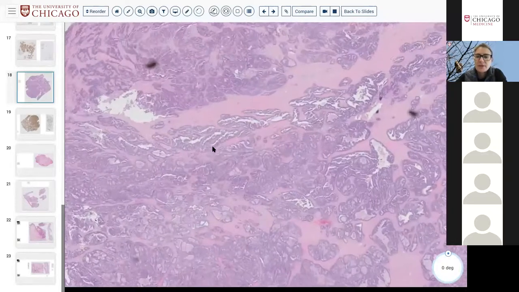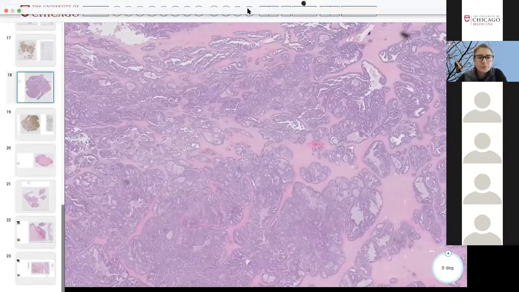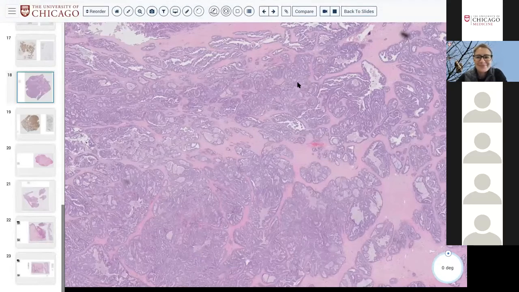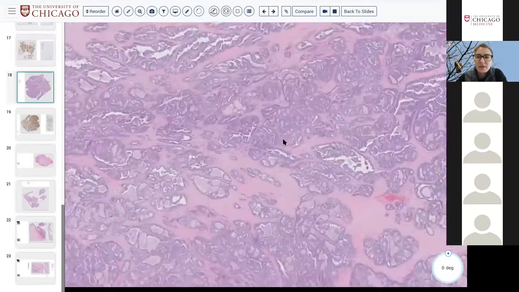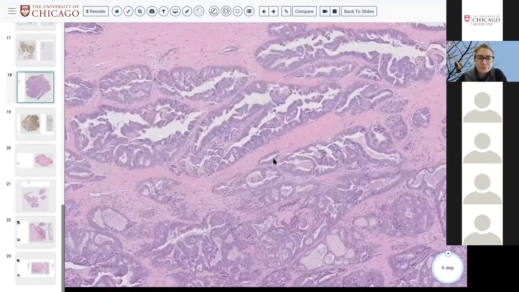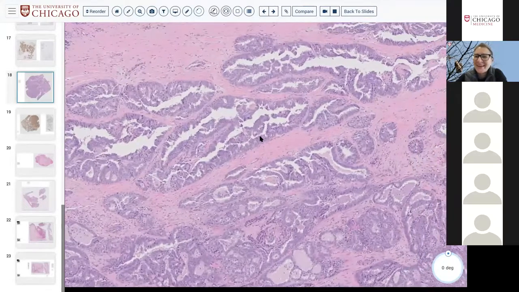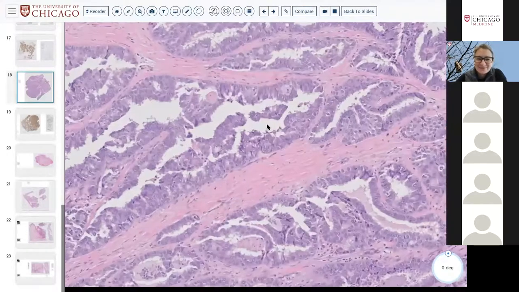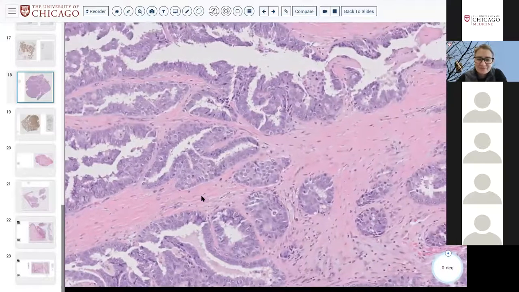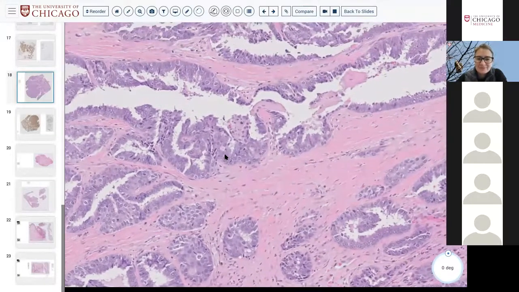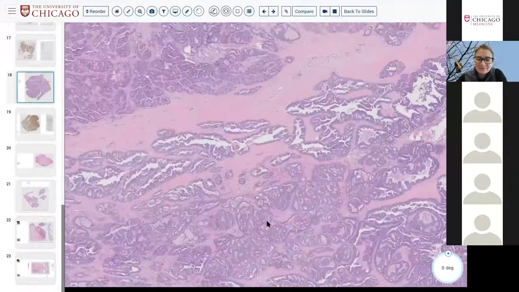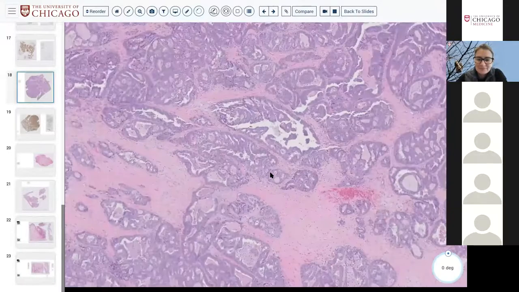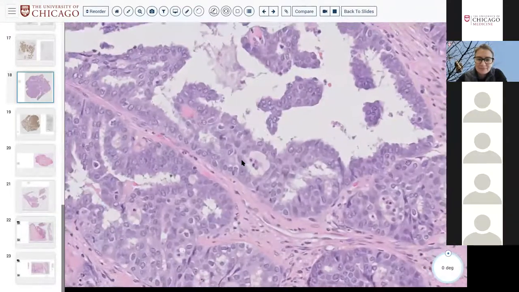Okay. So what are the other types? Do we have any papillary formations? You tell me. Yes, maybe we have papillary formations here. So it's kind of tubular formations and papillary formations.